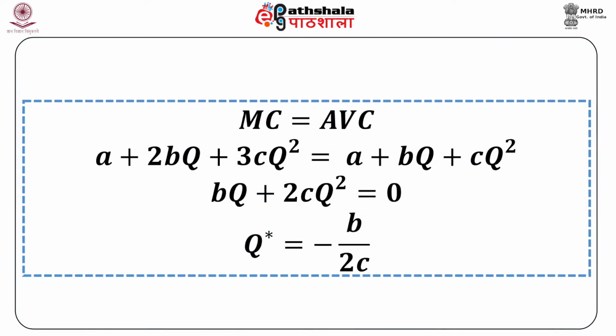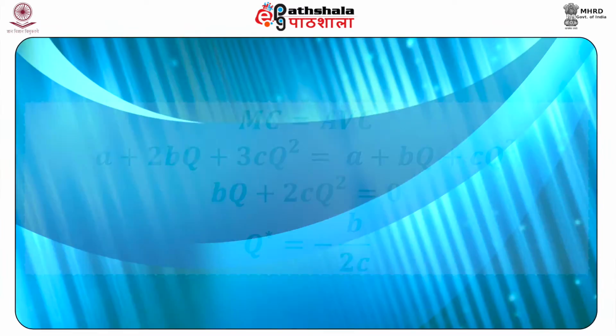Therefore, MC equals AVC, which gives A plus 2BQ plus 3CQ square equals A plus BQ plus CQ square, which gives us BQ plus 2CQ square equals 0, and hence Q star equals minus B by 2C. Q star here is the quantity at which the average variable cost will achieve its minimum.